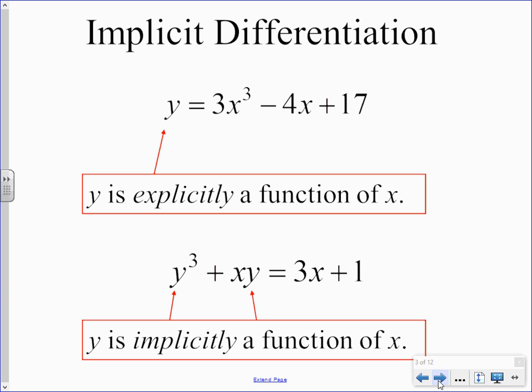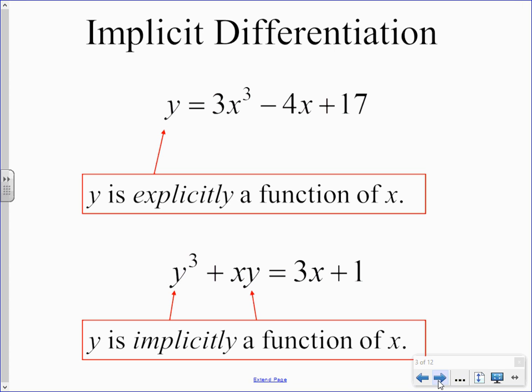Okay. When we have equations that look like this here, we have been working with explicit functions. Today we are going to work with implicit functions. Explicit functions are written as y equals something in terms of x. Implicit functions have x and y mixed in.